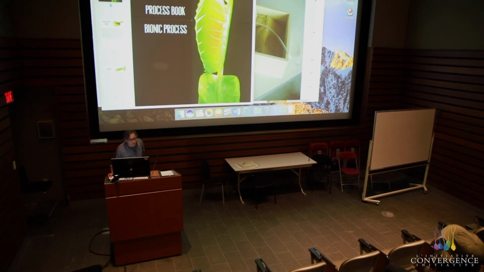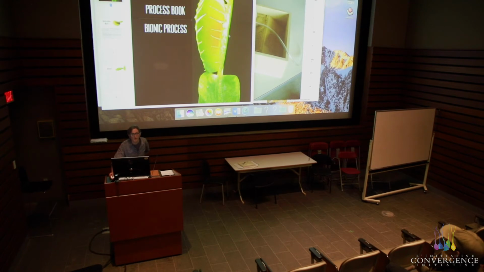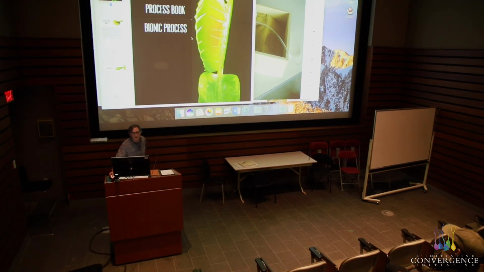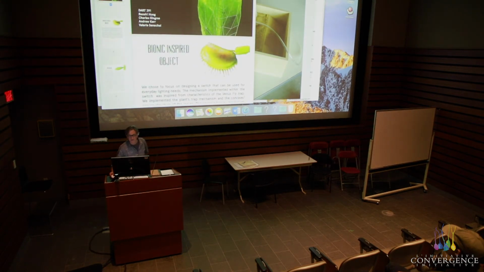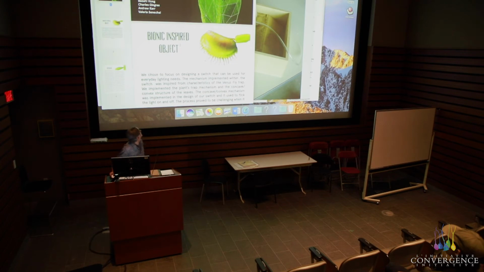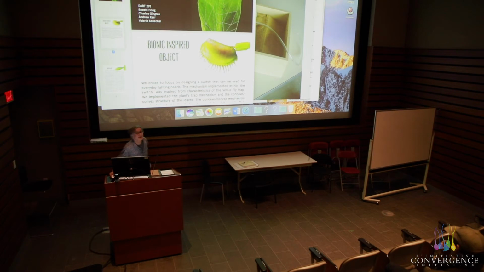The students have to document the whole process, all the steps, and they have to make a book. The book will be something like between 10 and 20 pages, from the very start, all the research, to the very end. The Venus Flytrap is a very popular subject for our bionics project because it's like a trap.